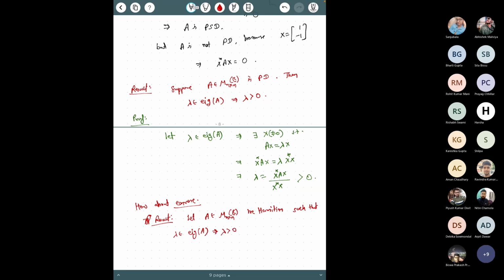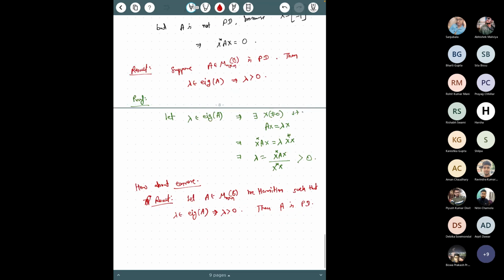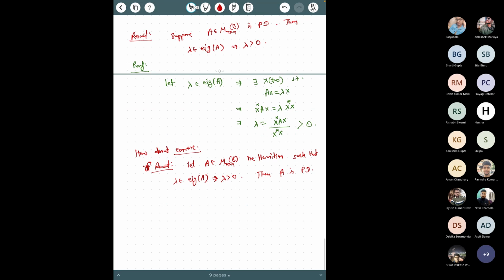That means all eigenvalues of A are greater than 0. Then, if A is Hermitian and all eigenvalues of A are positive, then A is positive definite. Now tell me the proof, why is this true?